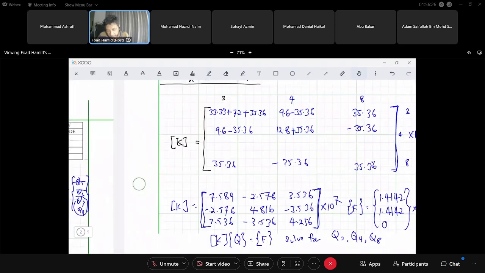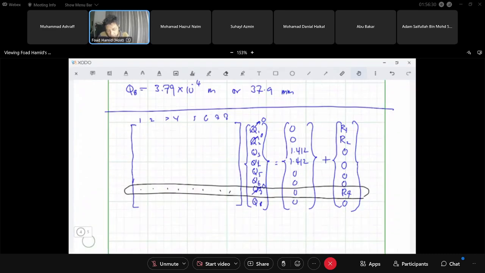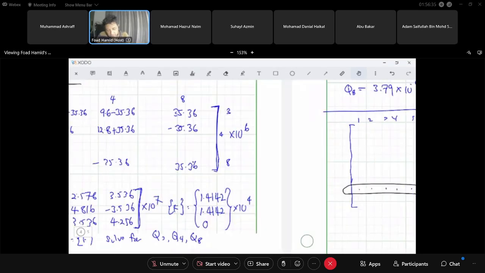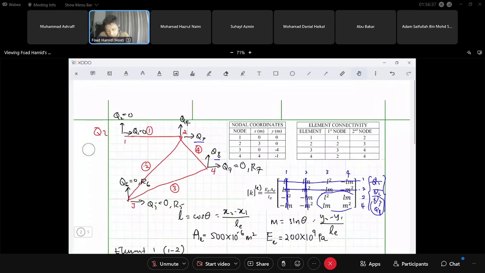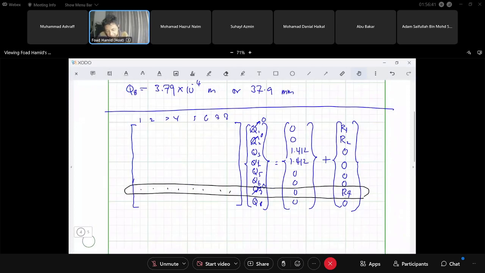Q5 and Q6 are 0, right? So we have R5 and R6. We are only interested in R7.